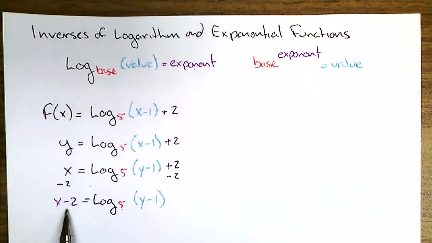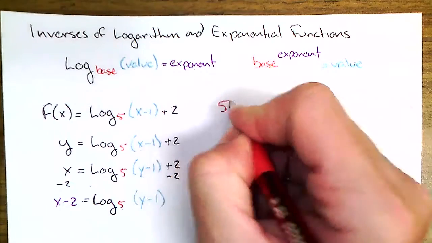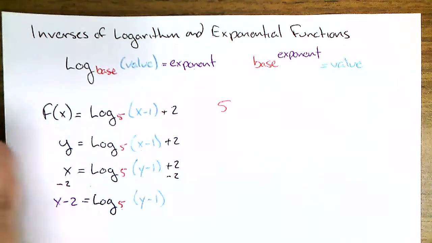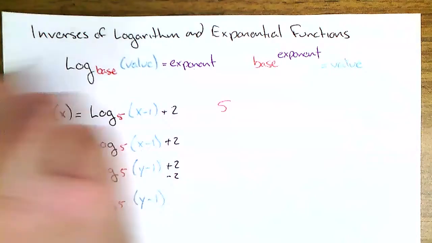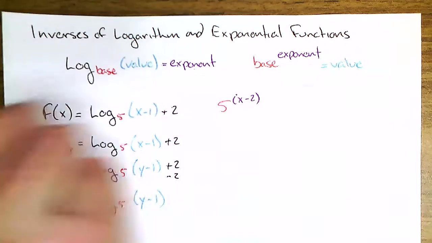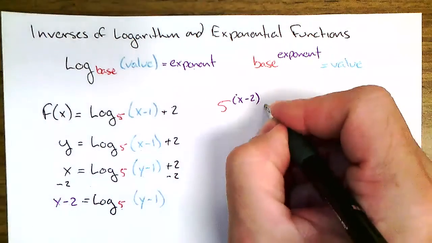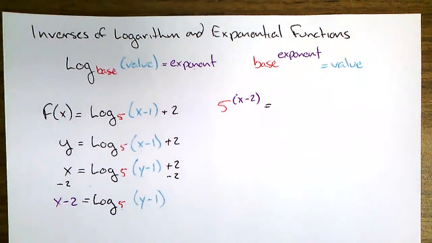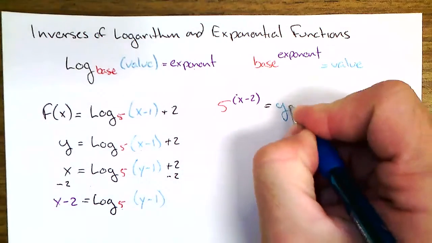So now I have my base, I have my value, I have my exponent. So now I can rewrite this as an exponential function and write it as 5 to my exponent, x minus 2, equals my value, y minus 1.